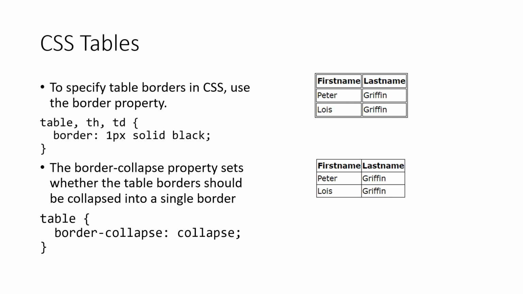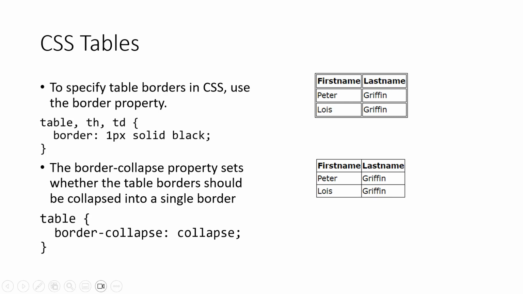So we can say table, th and td, it's 1 pixel solid line. Now, when you do that, one of the things you have to notice is that you will see double lines, which is the borders are separated, and you can see there are several borders. So using the border-collapse property, we can make it collapse. Okay, let me start with that one.